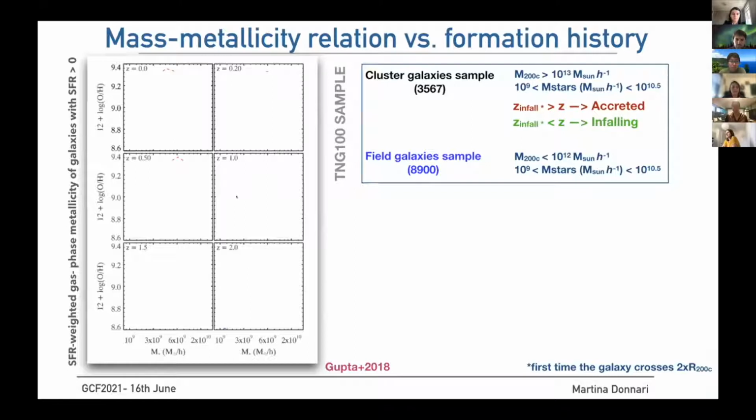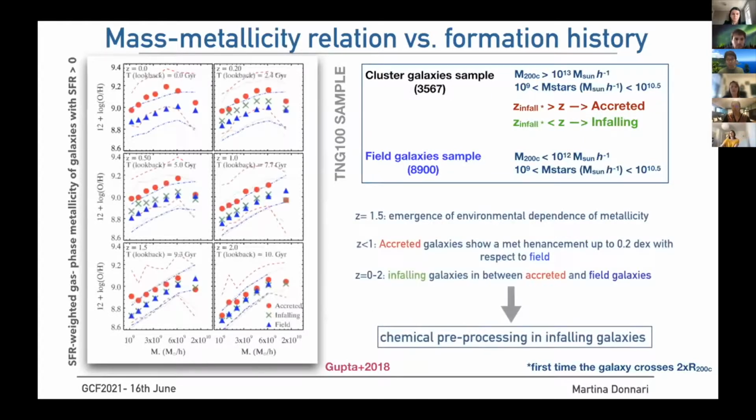On the left-hand side, you can see the star formation rate weighted gas phase metallicity, only for galaxies with star formation larger than 0, as a function of galaxy stellar mass for 6 different redshifts. And the first thing that we can see is that at redshift 1.5, we can already see an emergence of environmental dependence of metallicity.